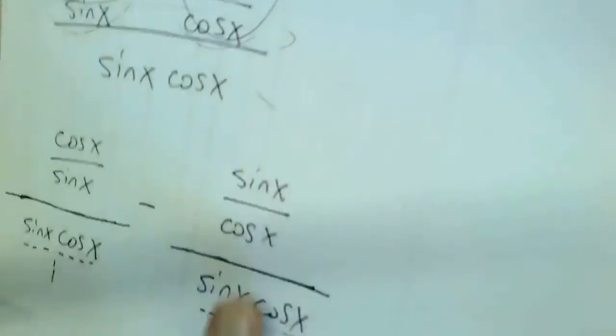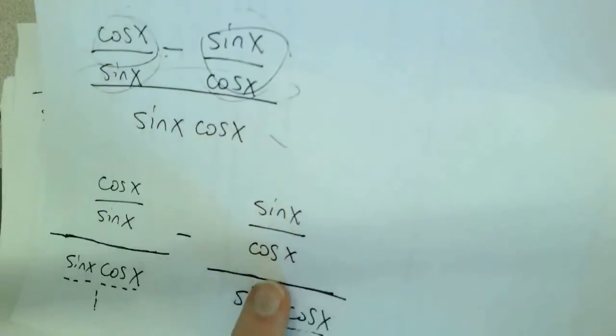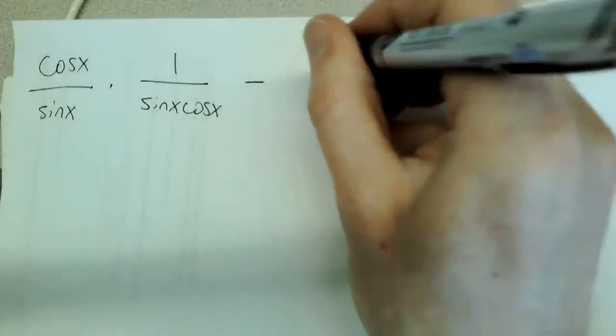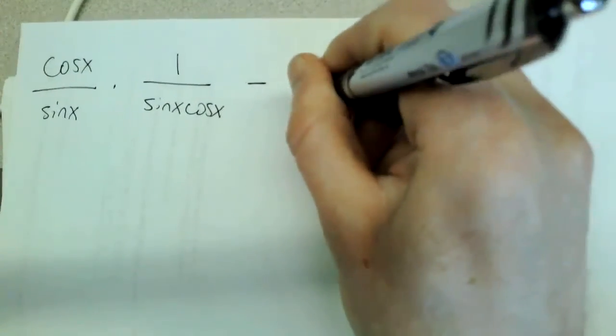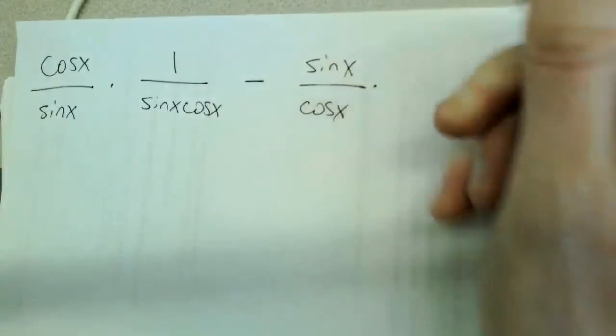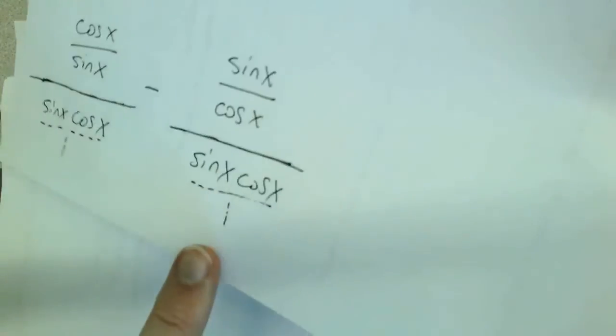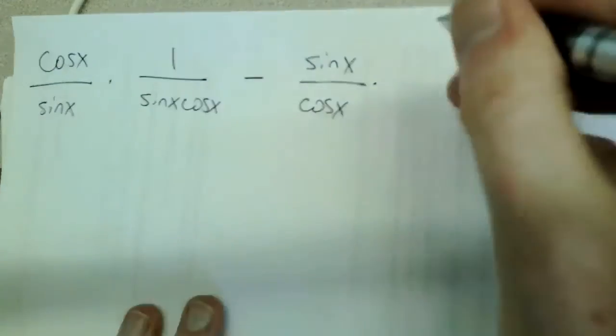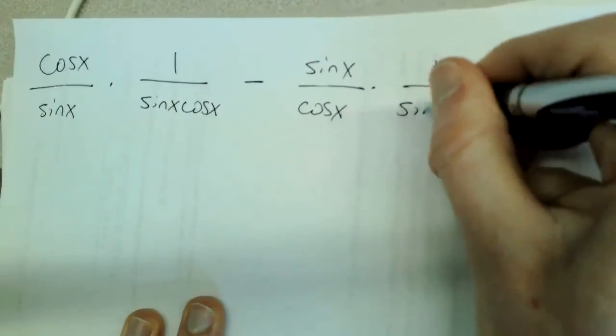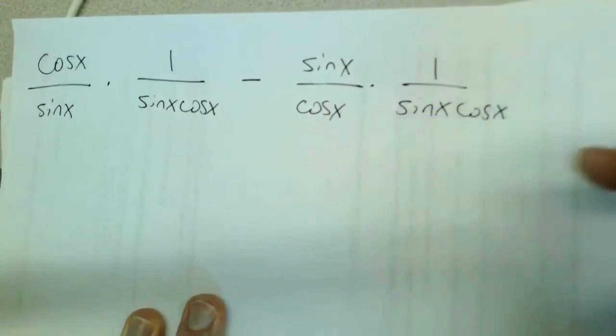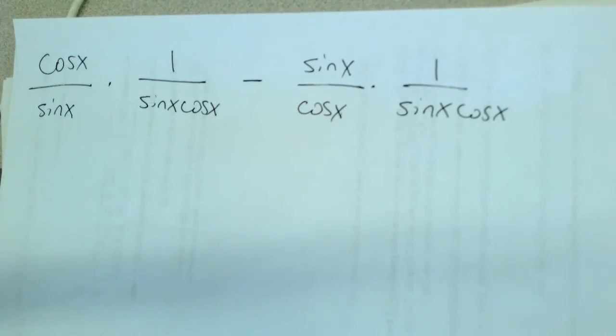Minus, and then I'm going to do the same thing here, sine x over cosine x times, again, the reciprocal of this guy, so 1 over sine x cosine x. Okay, so that's what we have.